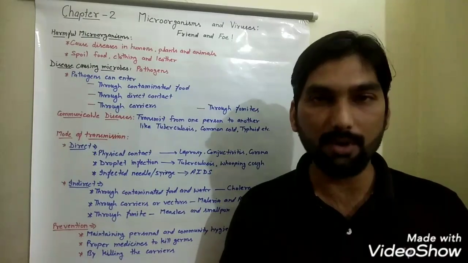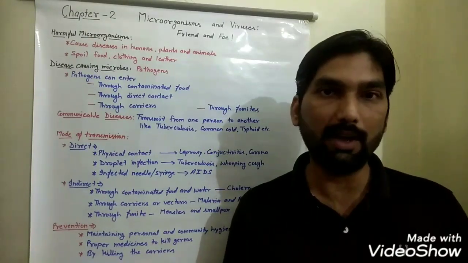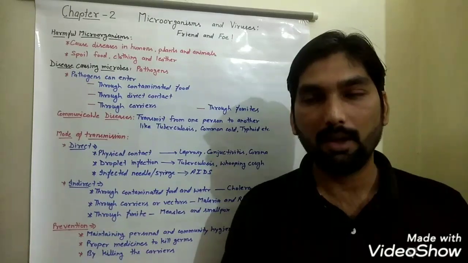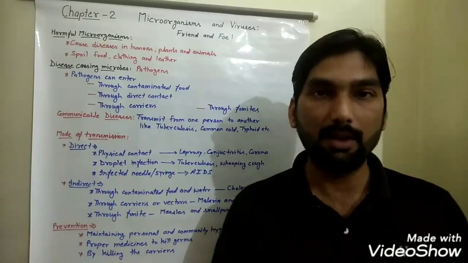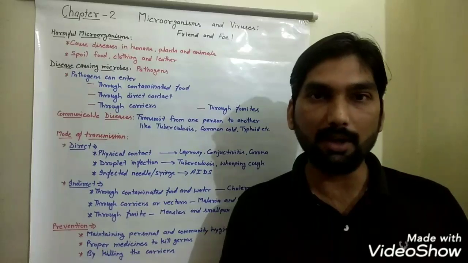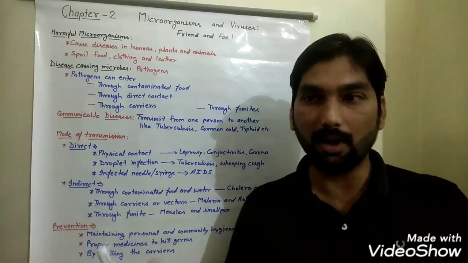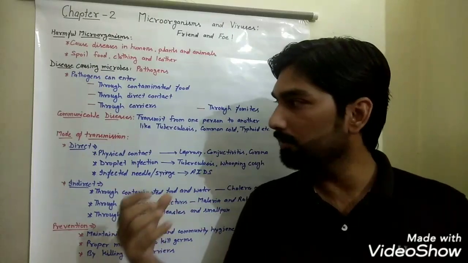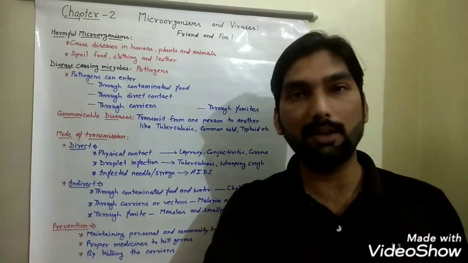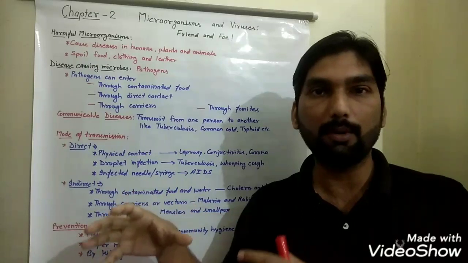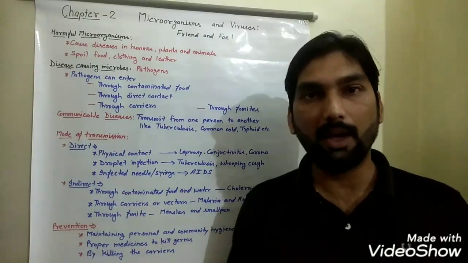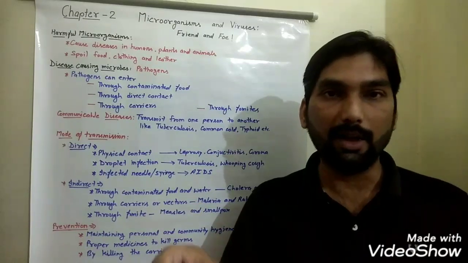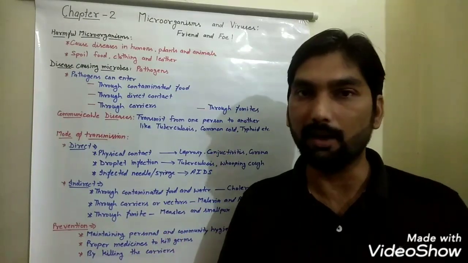Students, you may have observed these flies roaming and sitting on garbage and waste materials like cow dung or human waste, and when these flies come in contact with uncovered food material, they transfer these germs from the waste materials or garbage to our food items. So when any healthy person takes that contaminated food, that person becomes infected.